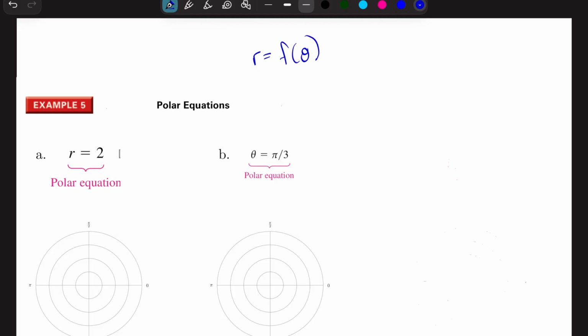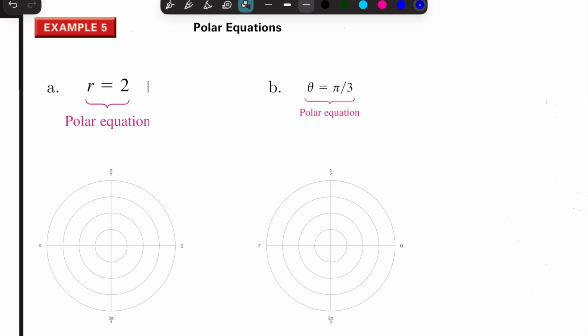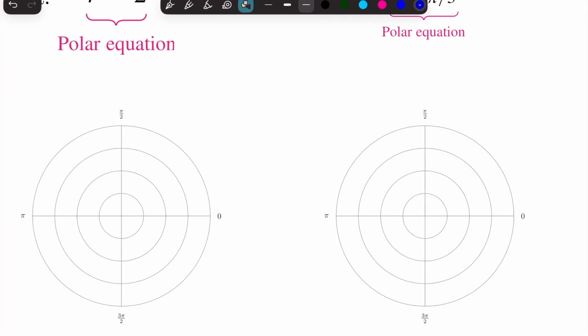If it's just r equals 2, then that means theta can be any value. So basically, we're just going out to a distance of 2, a radius of 2, right here. And since theta can be any value, I'm just going to trace out every point at a radius of 2. Boom, what we get is a circle of radius 2.